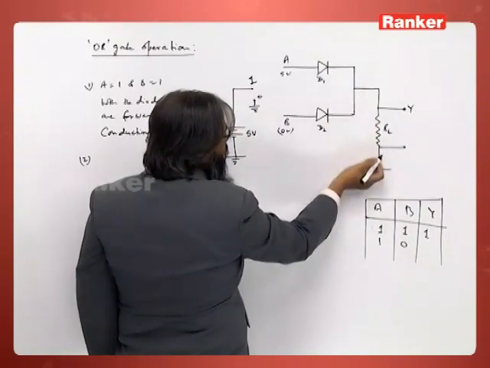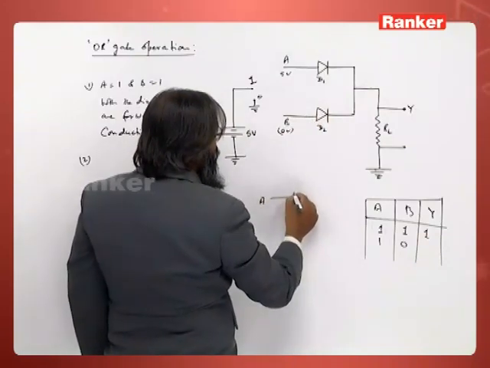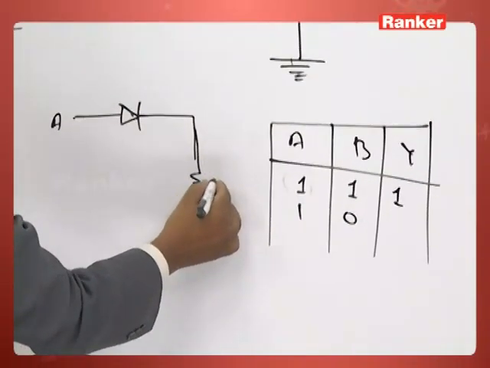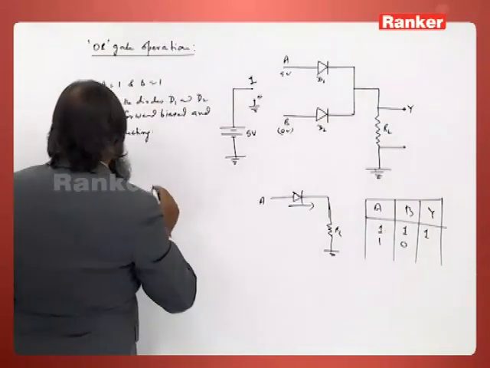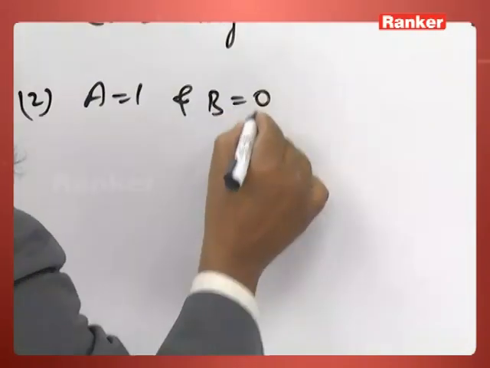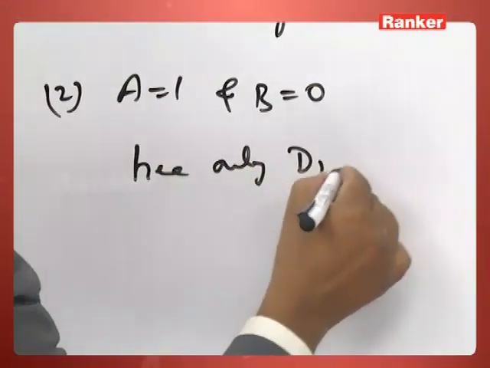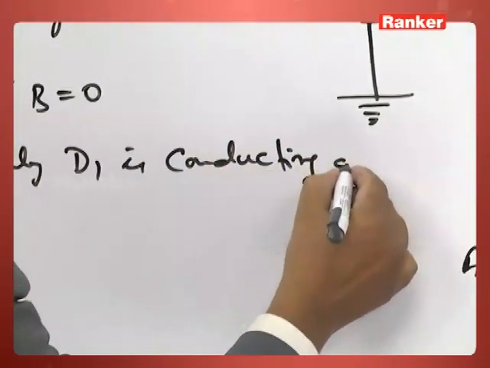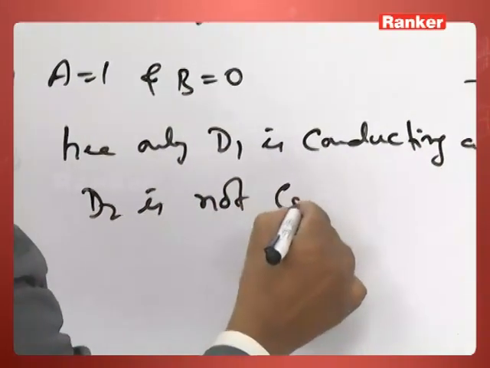Since it is not conducting, current won't flow here. So current will be flowing through this diode D1. This is the load resistor and this is 0. So this current flows. So A is equal to 1 and B is equal to 0. Here only D1 is conducting because it is forward biased, and D2 is not conducting.